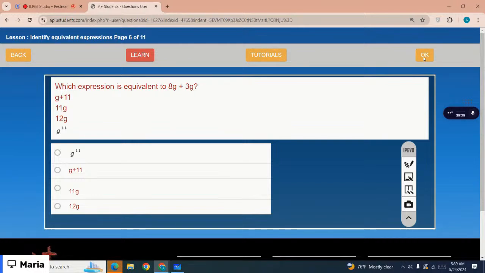That is 11g. Option number 3 is the correct option.